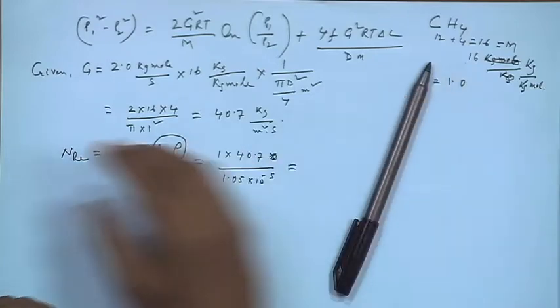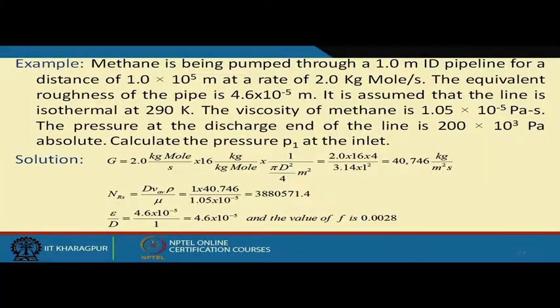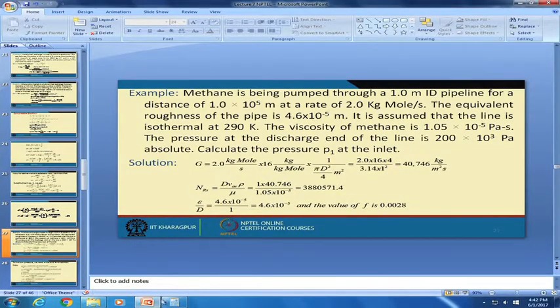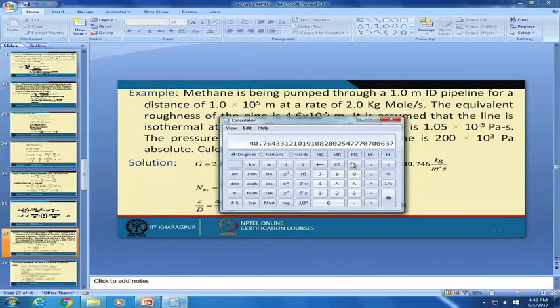If we again look into that calculation, 1 into 40.77 is equal to this much divided by 1.05 divided by 10 to the power minus 5, right?